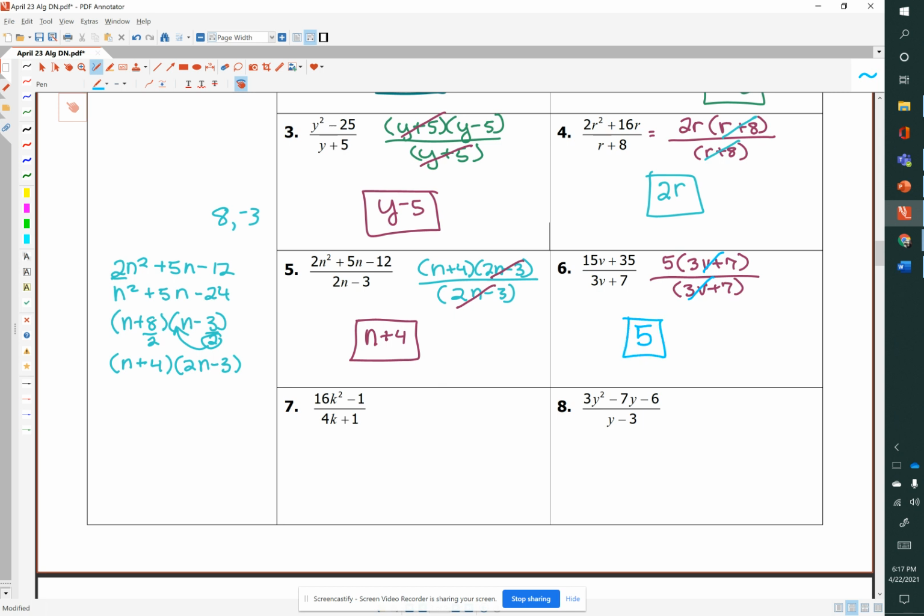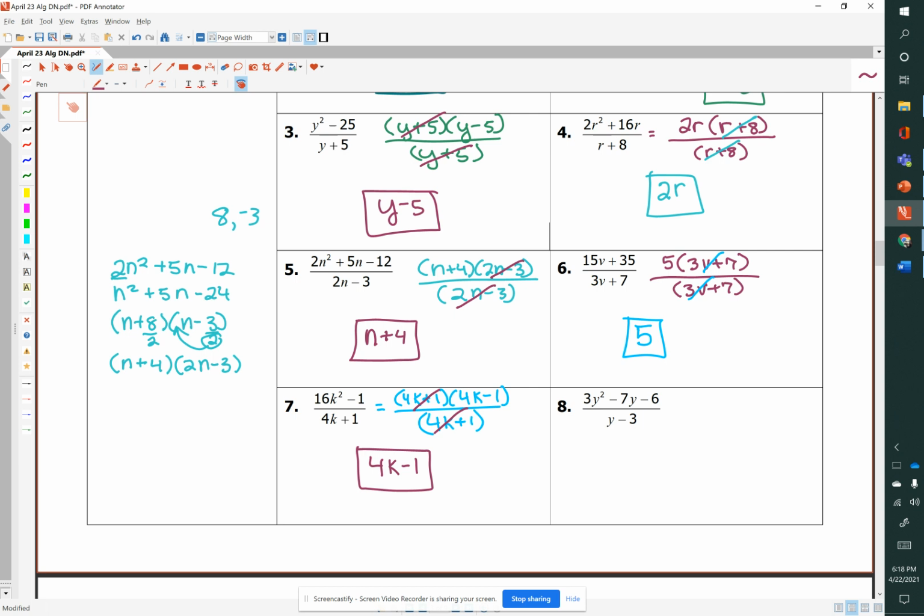Okay, number 7, we have a difference of squares. So this would be 4k plus 1, 4k minus 1, divided by 4k plus 1. And we cancel out common factors. And our final answer is 4k minus 1.